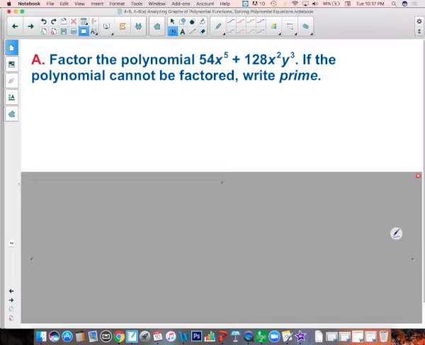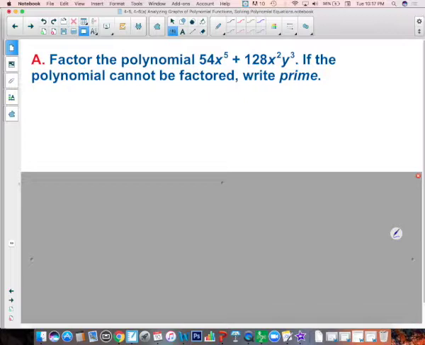Okay, back at it. The way you figure out what your greatest common factor is here is to start looking at things that go into both of those. Thinking of factors of 54, you know you can take a 9 out because 9 times 6 is 54, but you might not be able to take a 9 out of 128.